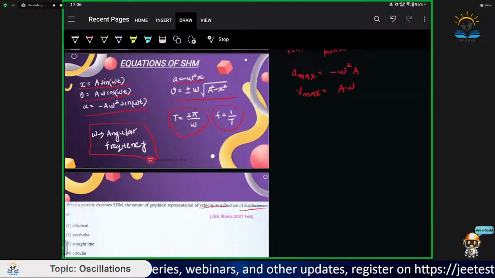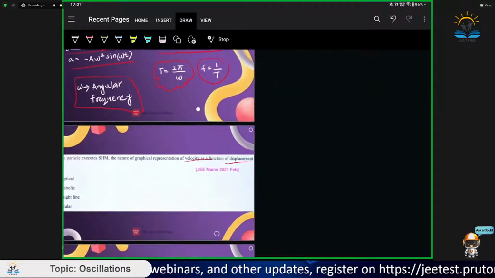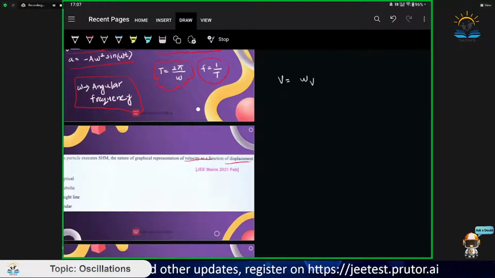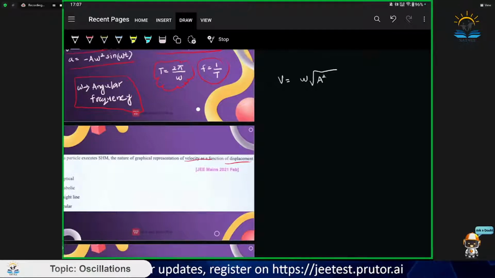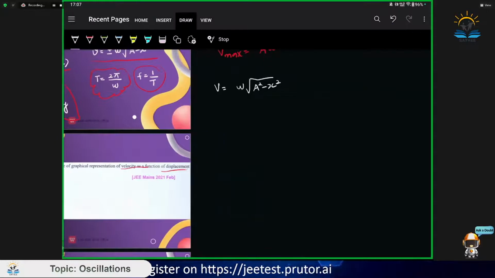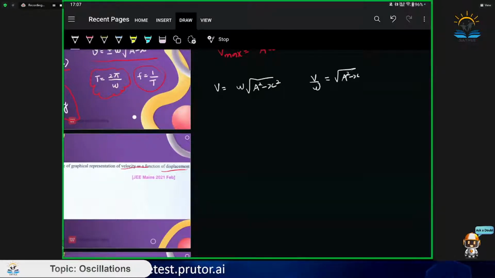Velocity v equal to omega into root of a square minus x square. So I am taking v by omega equal to root of a square minus x square.